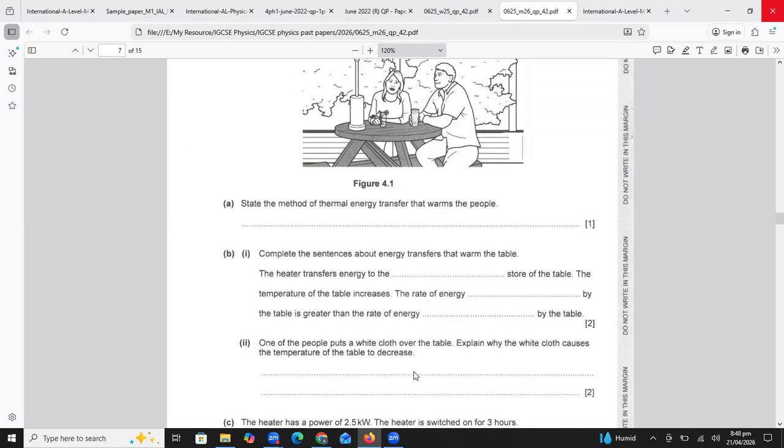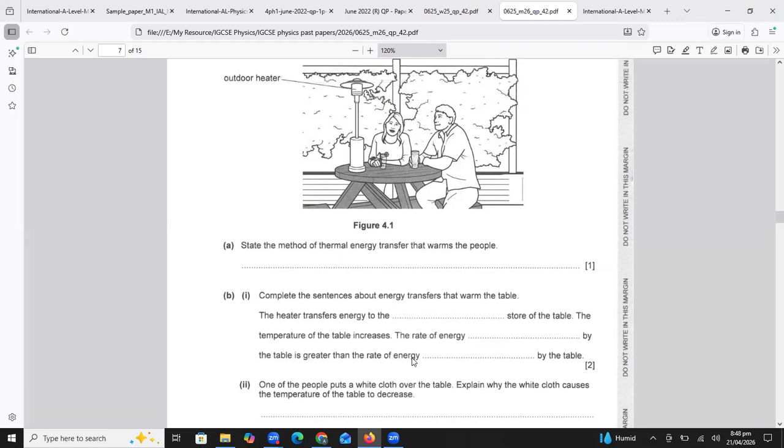Yes, student, the heat transfers energy to the dash store of the table. So basically, this table will store thermal energy. All right, students. So store means which type of energy this table will hold. So this table will also get warm because of the energy. So it means, students, this table will hold thermal energy.